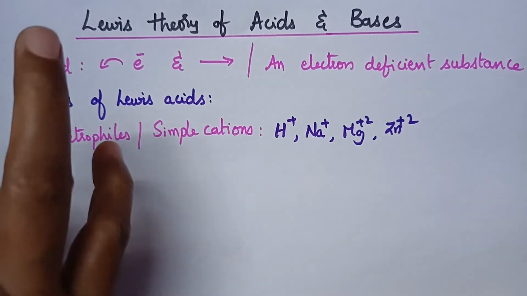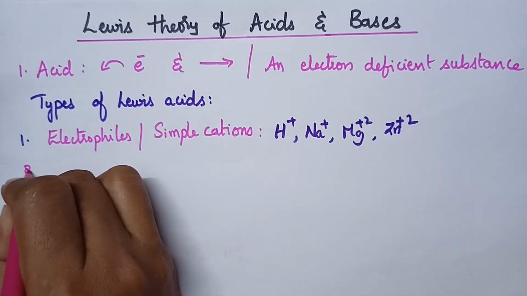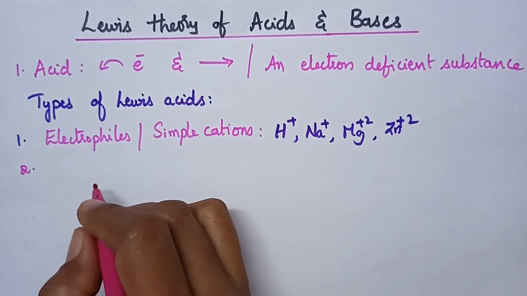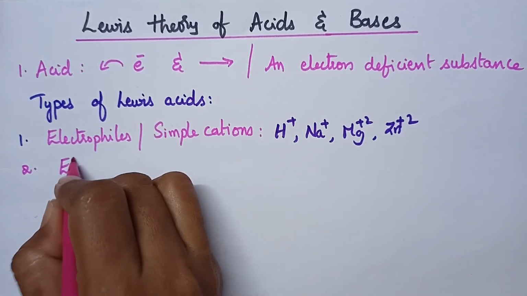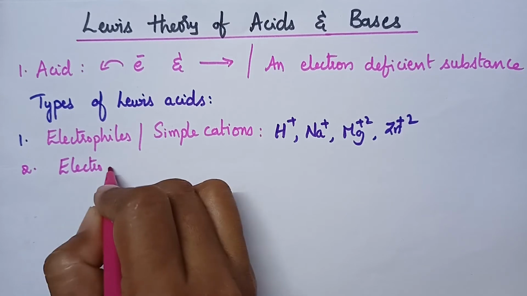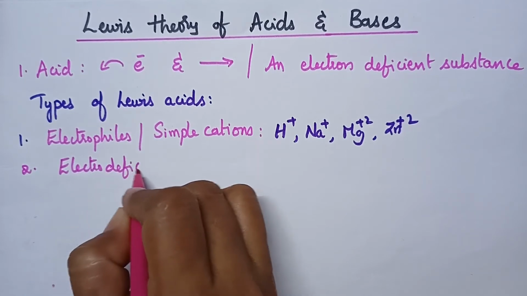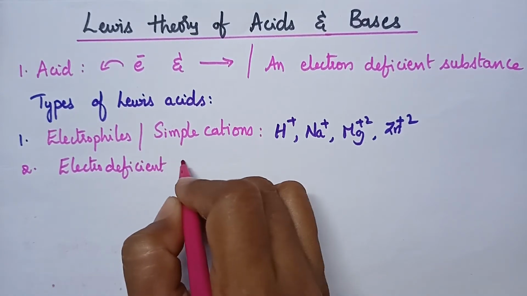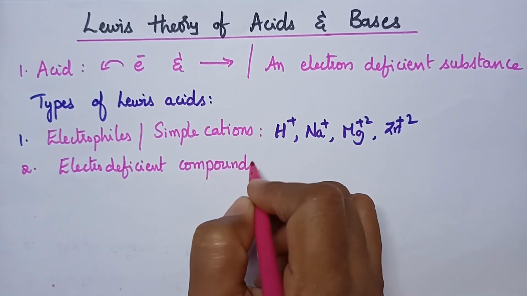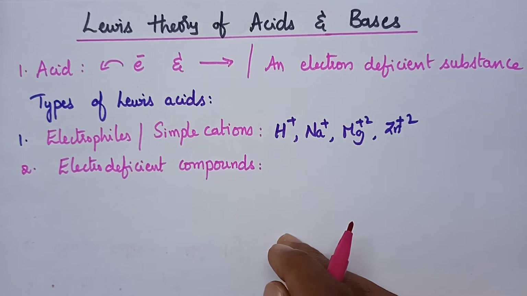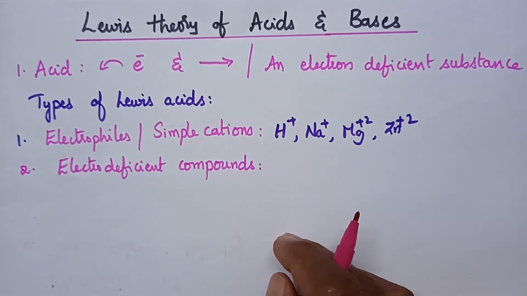In a similar way, the electron deficient compounds will act as Lewis acids. That means the compounds in which the octet configuration is not completed.